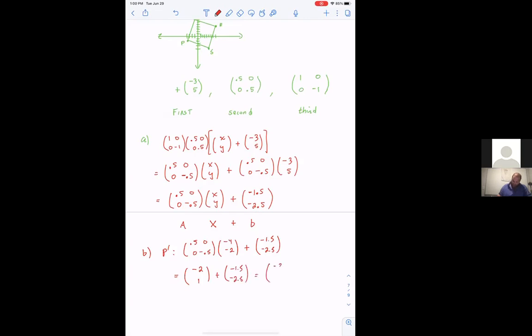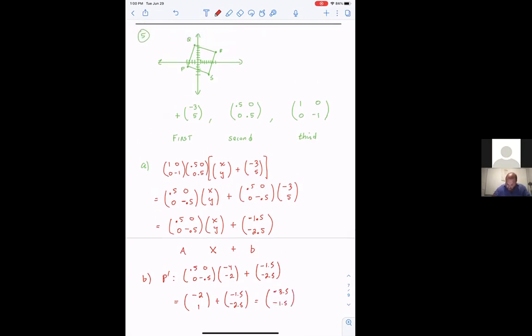So we get (-3.5, -1.5). On my graph, I'm going to go to (-3.5, -1.5). I might have to make another one because it looks like it's having a tough time seeing it, but about there. Well, it made a little red dot in the picture. Hopefully you can see that. That's P'.